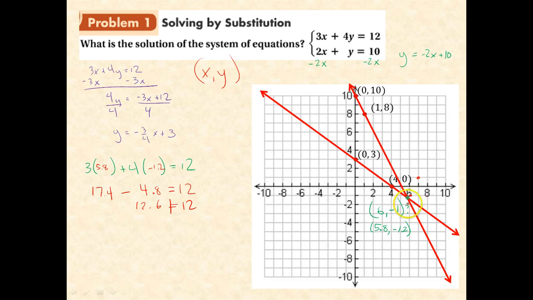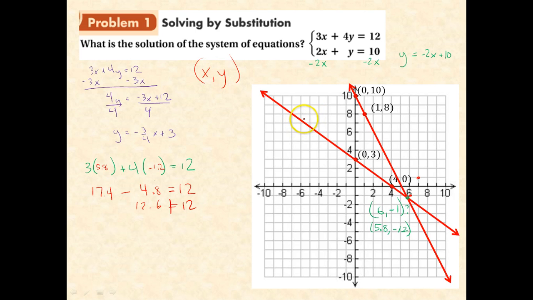We'd be guessing all day trying to get that right. Plus, then you've got to consider, are you using a ruler? Are you using a pre-made graph? Are you using a graphing calculator? Because how accurate you draw your graph will determine how accurate your guesses are to see what the solution is. But in math, we don't love guessing.